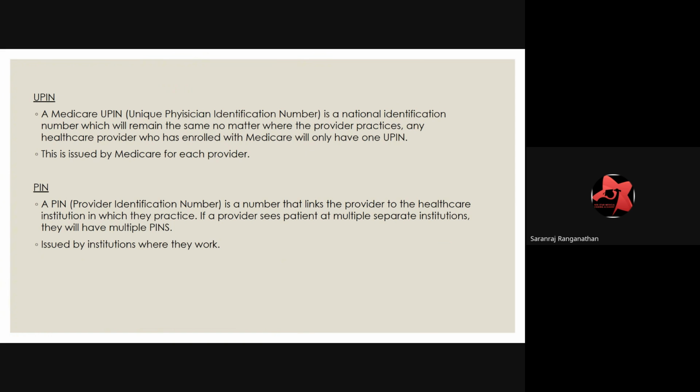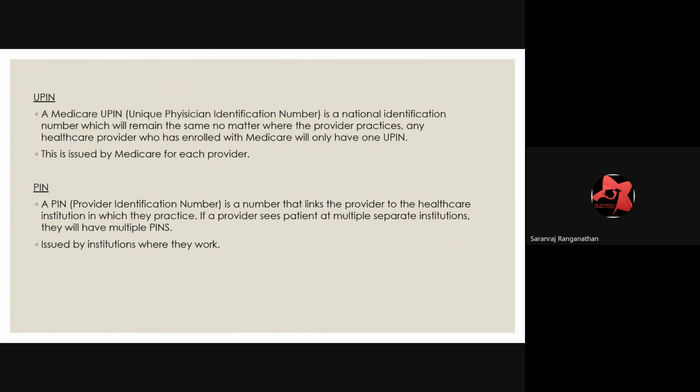One physician has one UPIN, so if he is working in this particular place, and tomorrow he is giving service at the next hospital, he can use that same unique number wherever he goes. This is issued by Medicare for each provider.